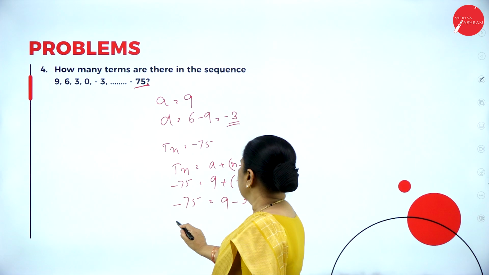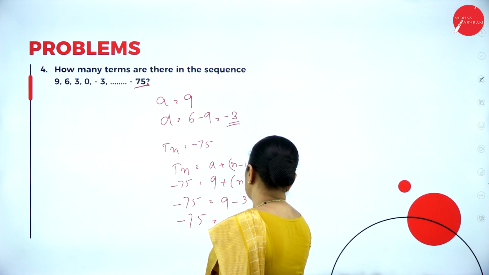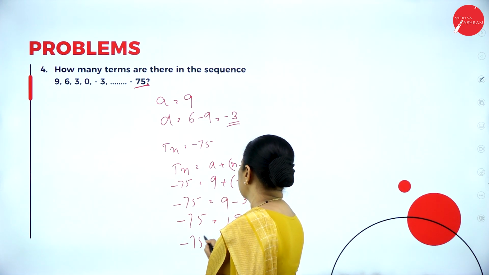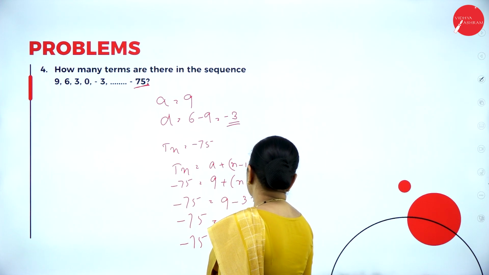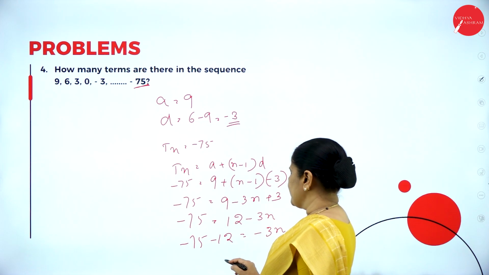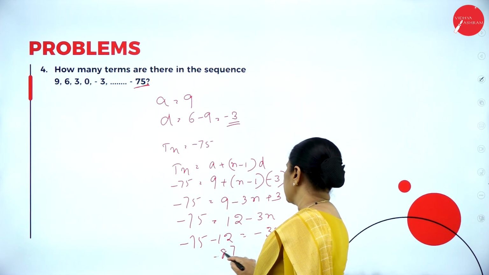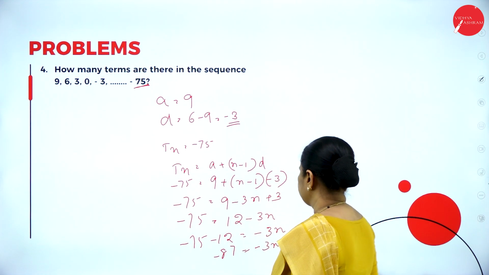Minus 75 equals 9, 3 into n, minus 3n plus 3. Now minus 75 equals 9 plus 3 is 12 minus 3n. Minus 75 minus 12 equals minus 3n. So minus 75 minus 12 will be minus 87 equals minus 3n.